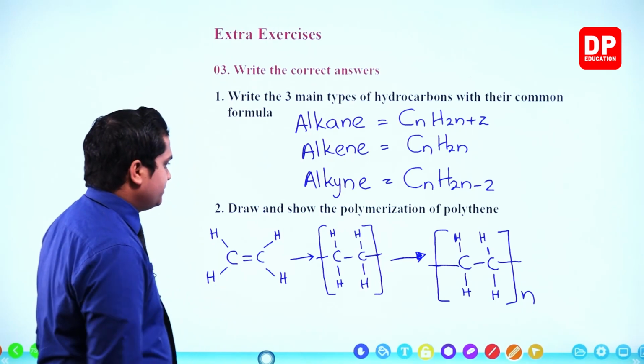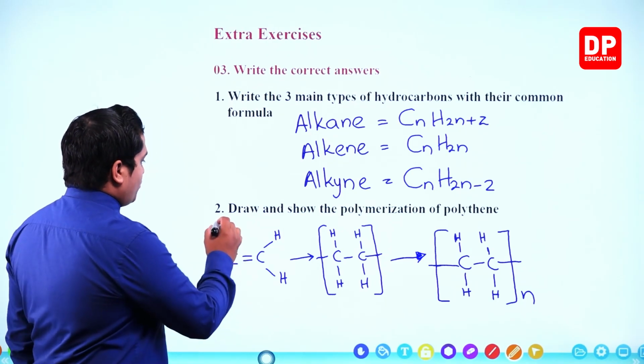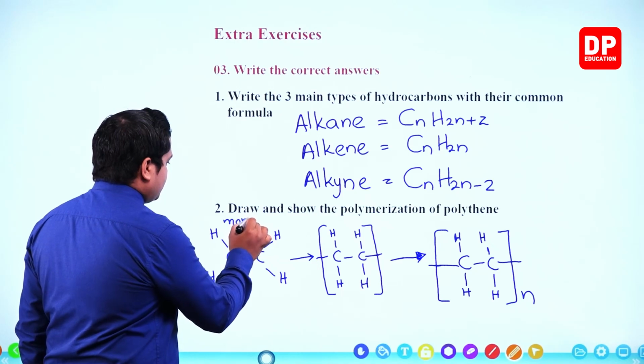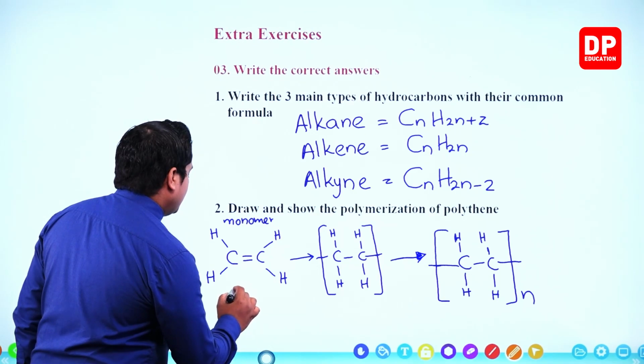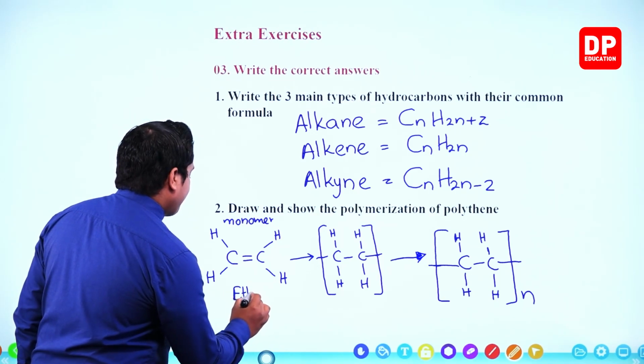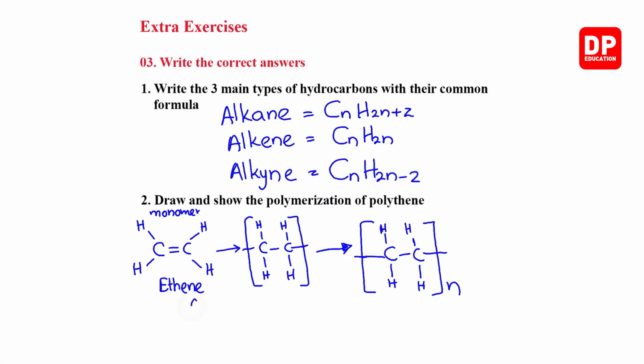So this is the polymer, right? This is the monomer, which is ethene, C2H4. This is the repeating unit. This is the polymer, polythene.